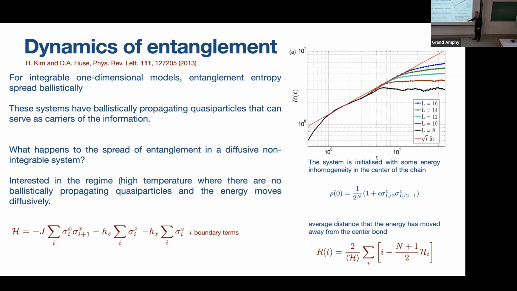First, the square bracket should be here, and this should be the average H, the average local H, which is time dependent. And this is in units of J.